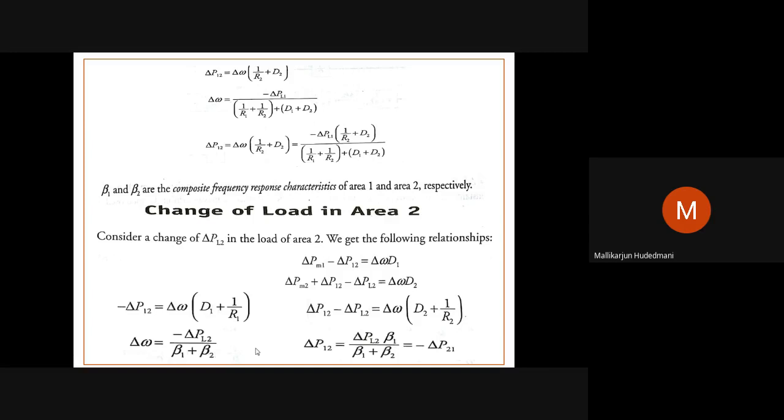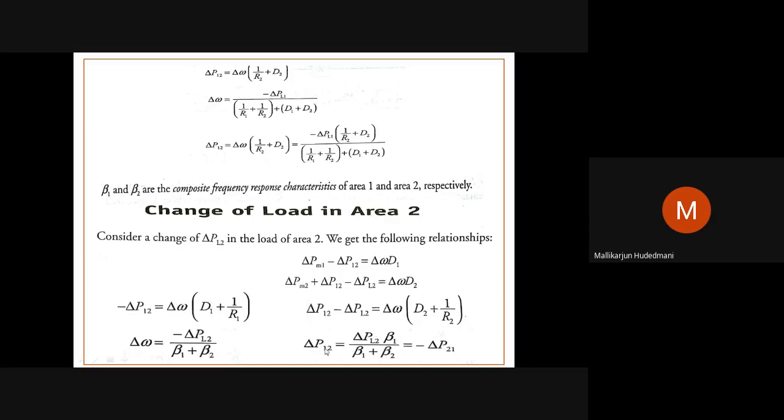How about the power being exchanged among the corporations 1 and 2? That is called delta P12, which again, taking the equation, we can rewrite. So delta P12 can be rewritten as delta PL2, the change in load in the respective area, which is 2, into the opposite area's composite frequency response, divided by the composite responses 1 and 2 added in the denominator, which stands very similar to minus delta P21.